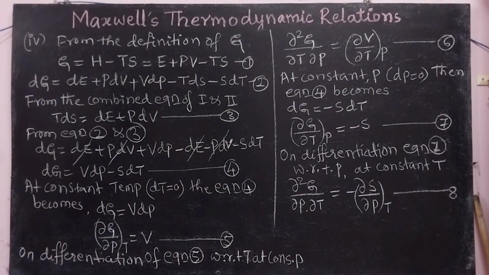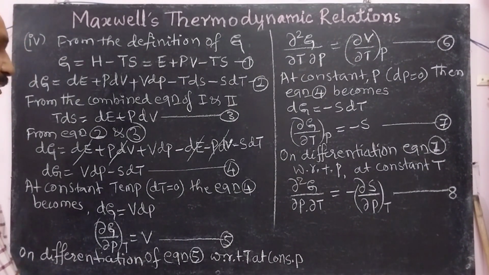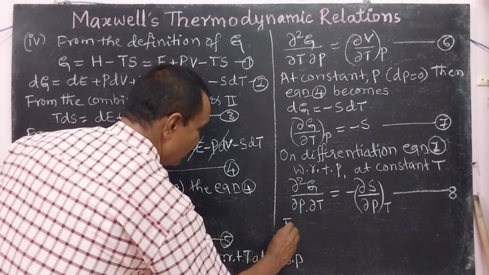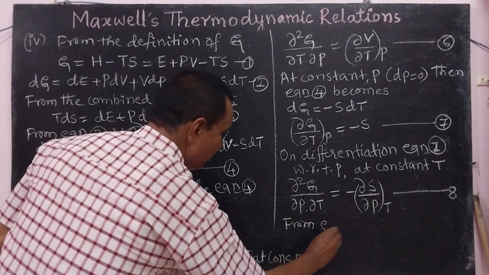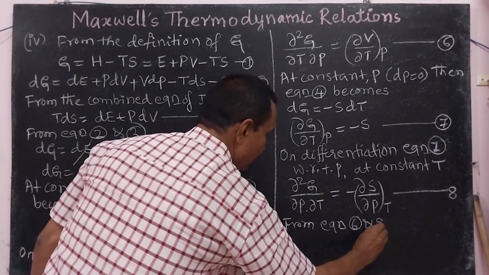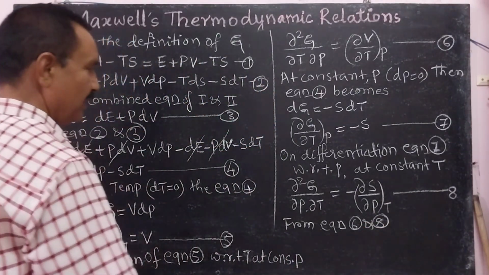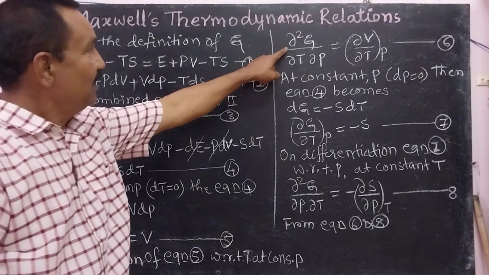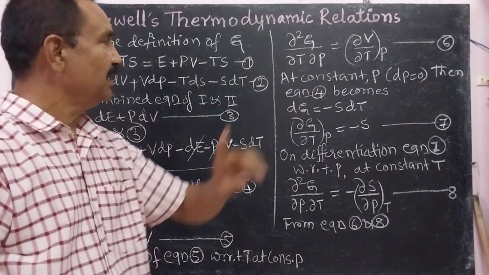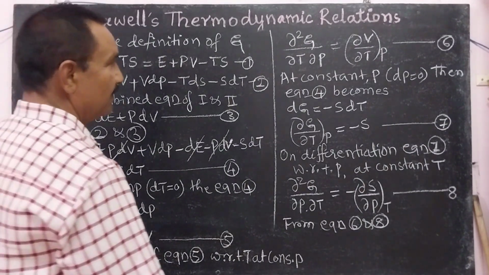Now from equations 6 and 8, the left hand sides of 6 and 8 are same, so automatically the right hand sides are also same.